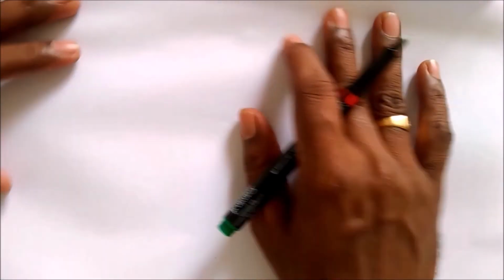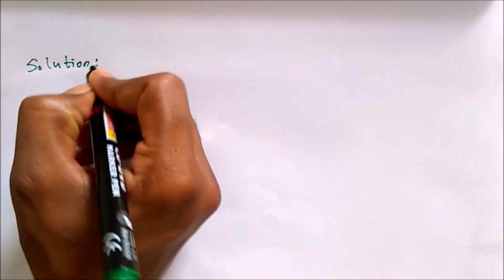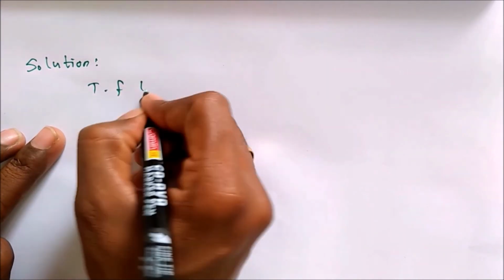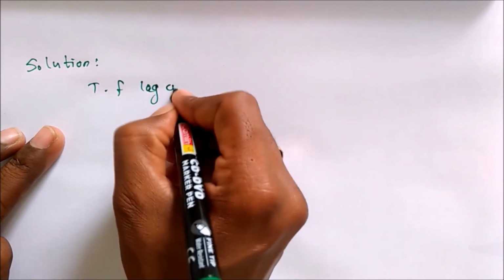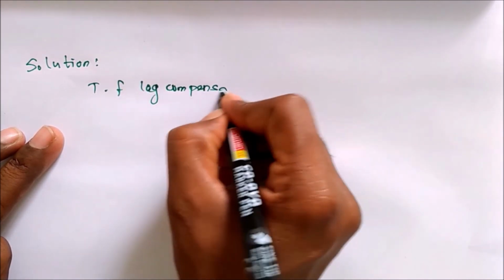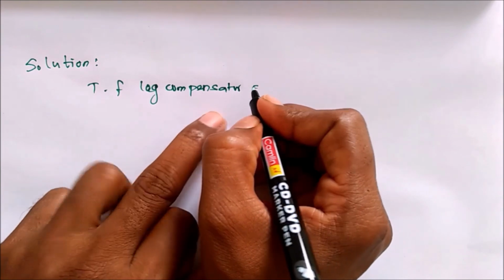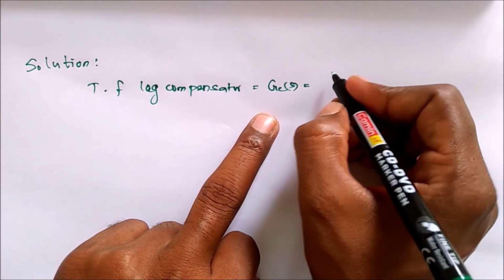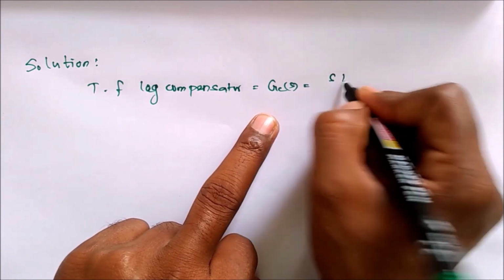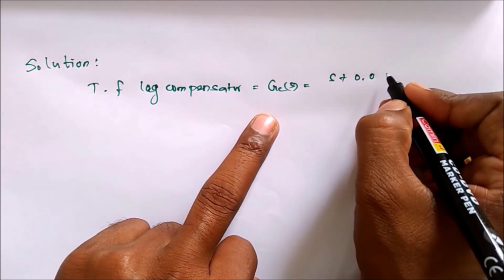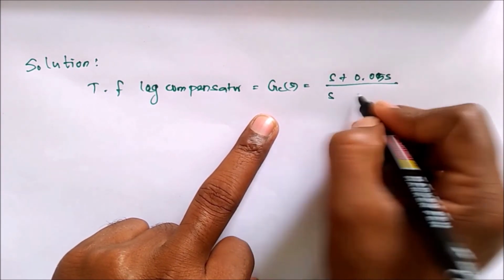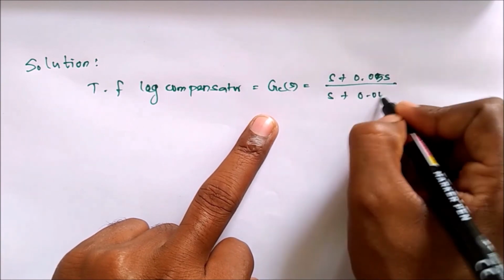Therefore, the result. Finally we can write the solution. From the given problem, the transfer function of the lag compensator, Gc of s, equals 0.05 s divided by s into 0.005.